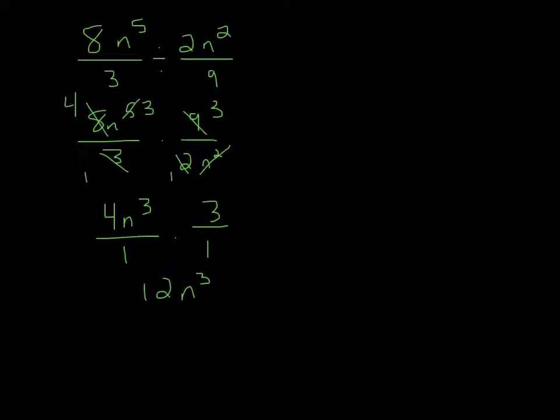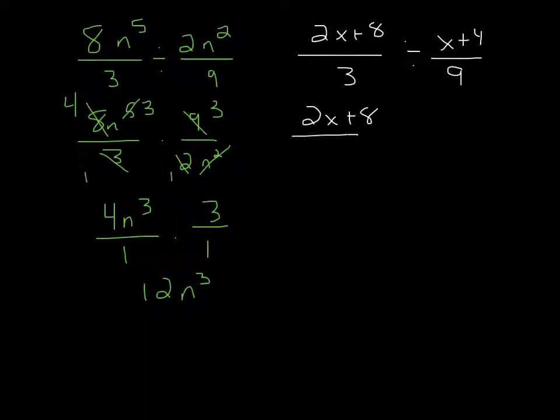Next problem, we have 2x plus 8 over 3 divided by x plus 4 over 9. Copy dot flip: 2x plus 8 over 3 times 9 over x plus 4.